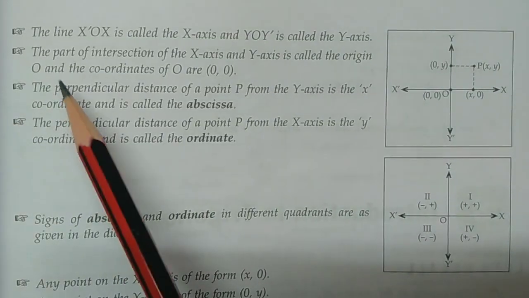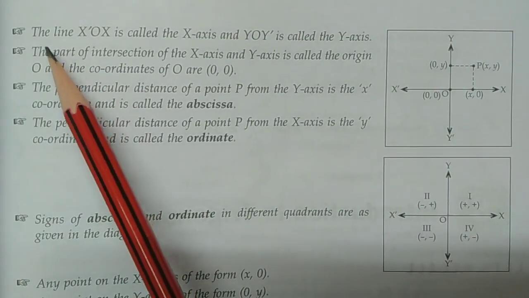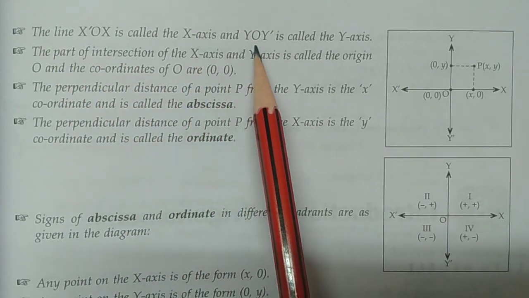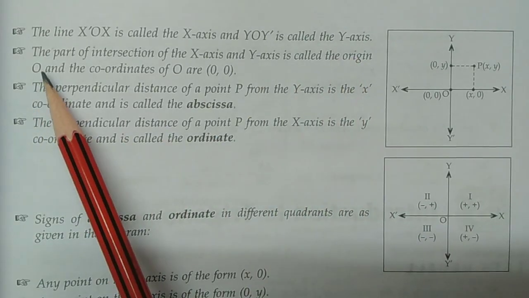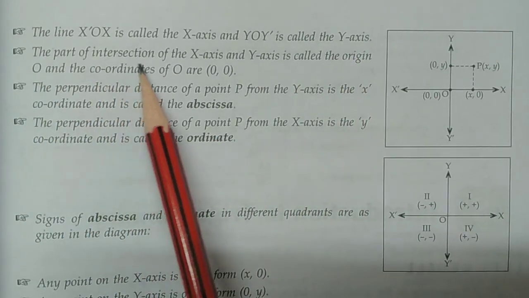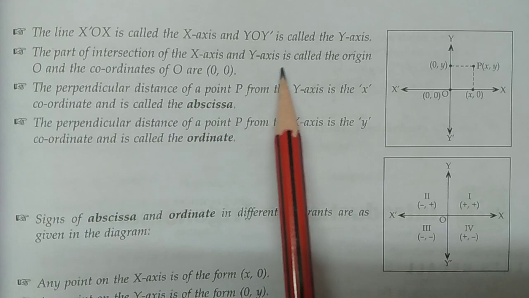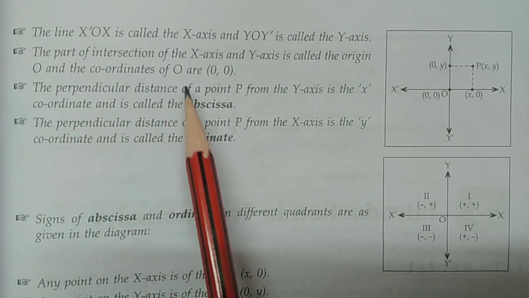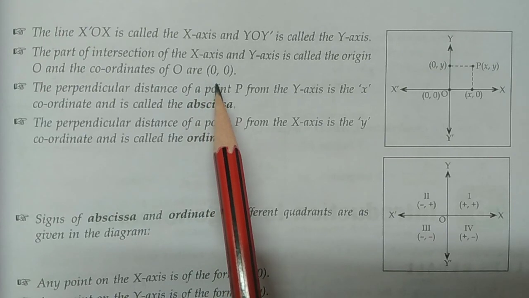Next point: the line XOX' is called the X axis and YOY' is called the Y axis. The point of intersection of the X axis and Y axis is called the origin O, and the coordinates of O are (0, 0).